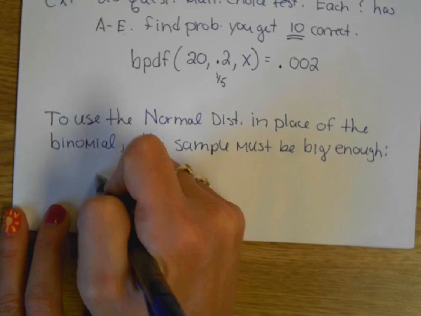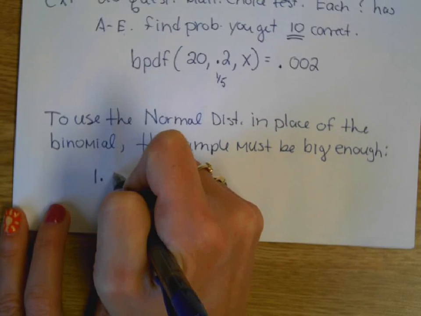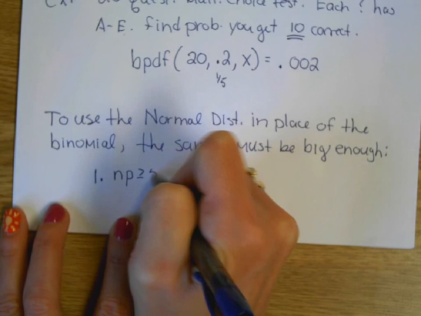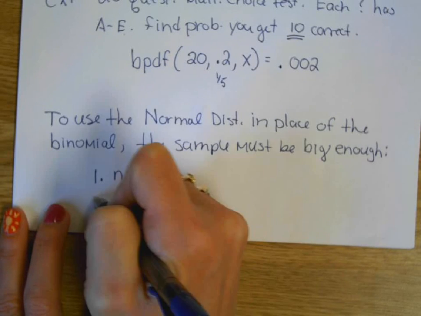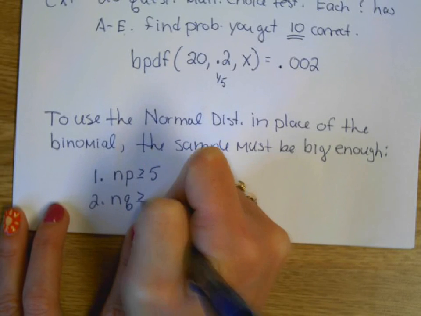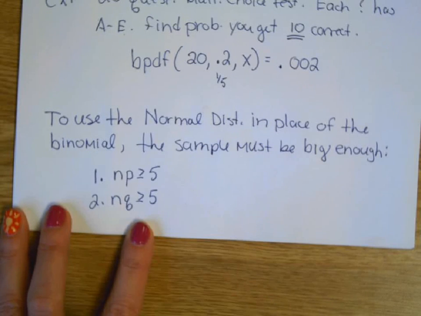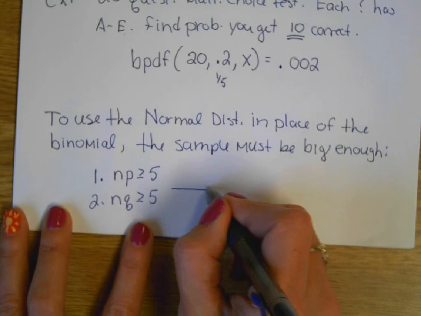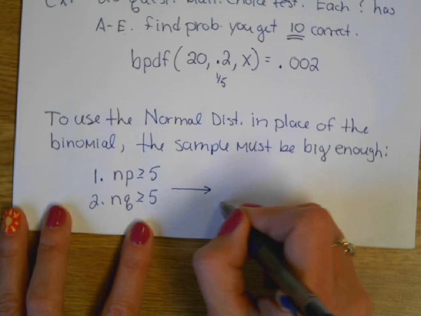Two things have to happen. Your n times p has to be greater than or equal to 5, and your n times q must also be greater than or equal to 5. And we'll check that in a minute. So if both of those are greater than or equal to 5, you do get to use the normal distribution.